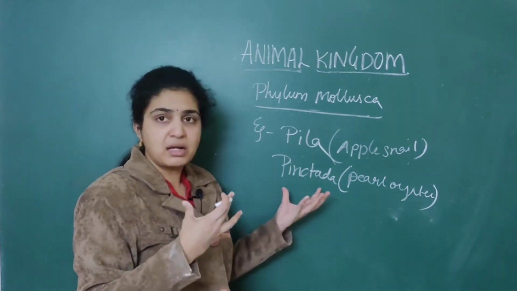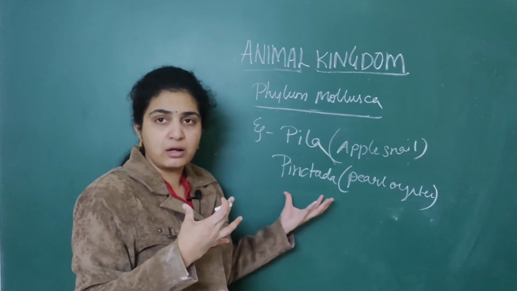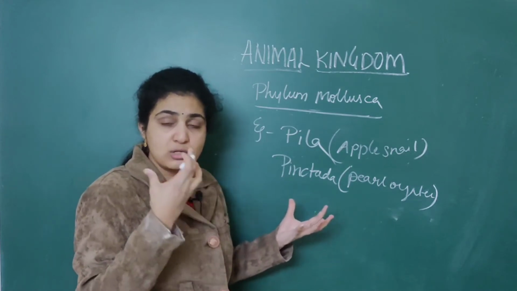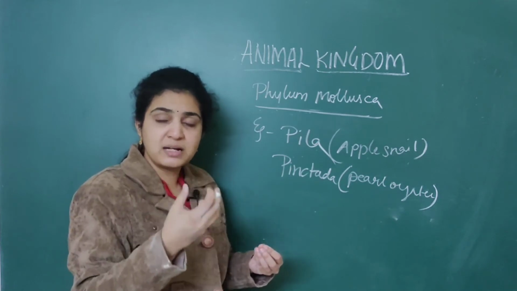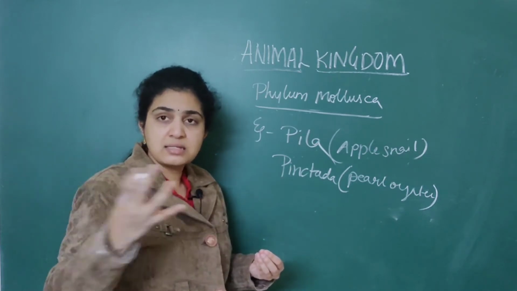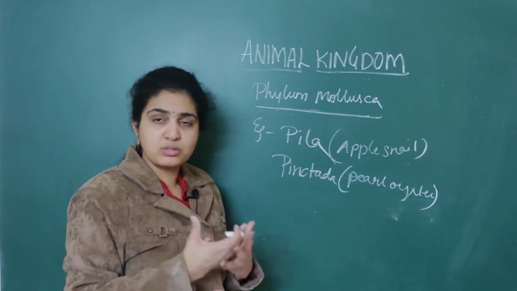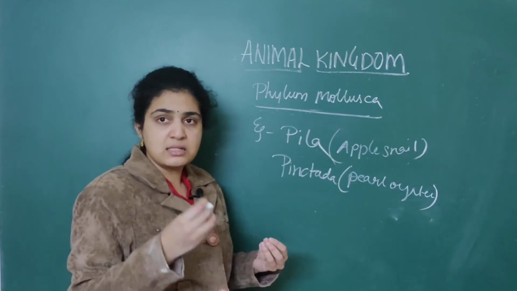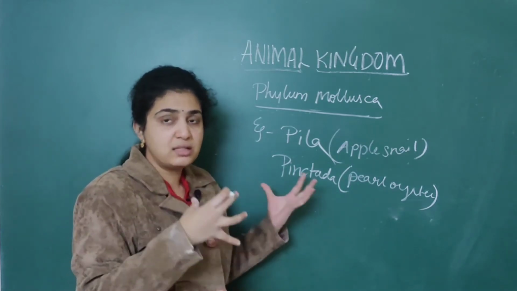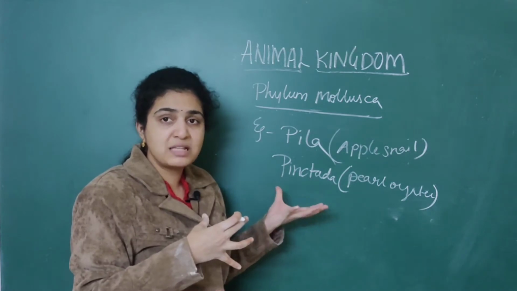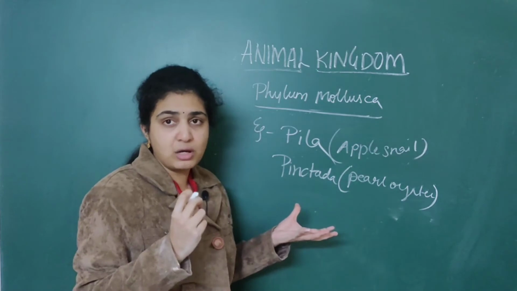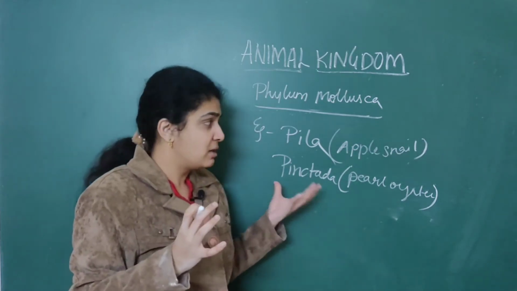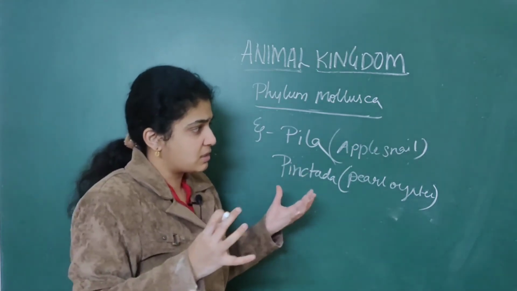These belong to the Pinctada group, also called pearl oysters. They produce numerous pearls which you see near the sea. These all come under the phylum Mollusca only: apple snails, that is Pila, and Pinctada.